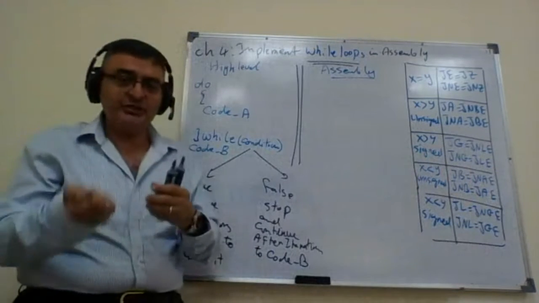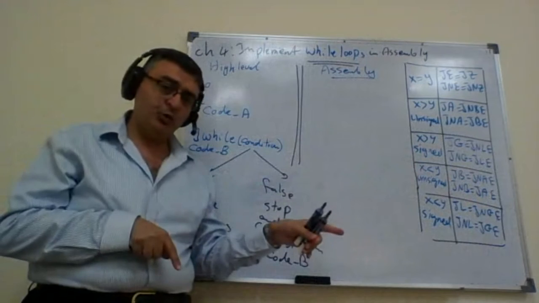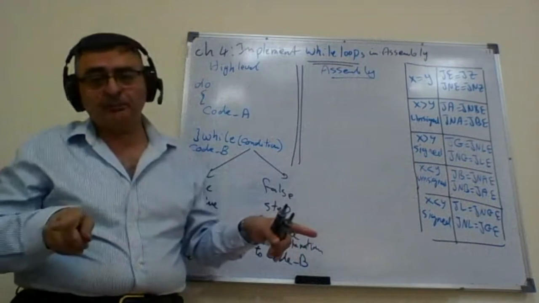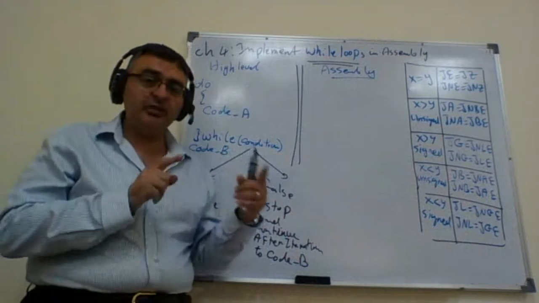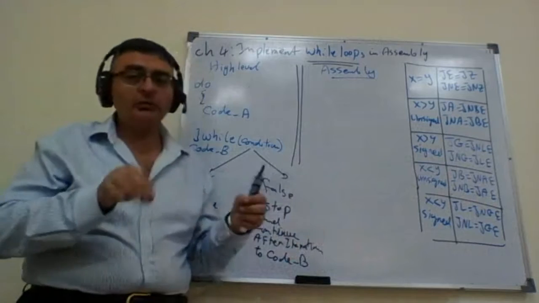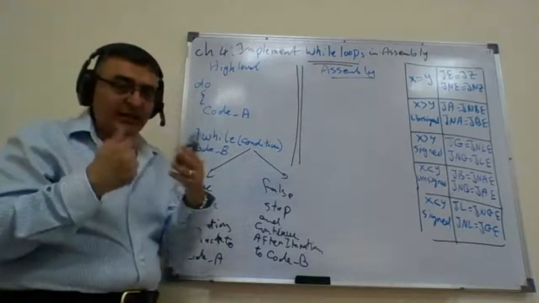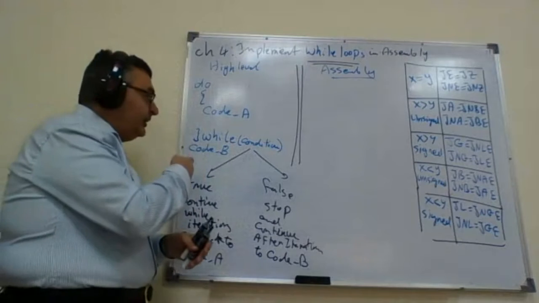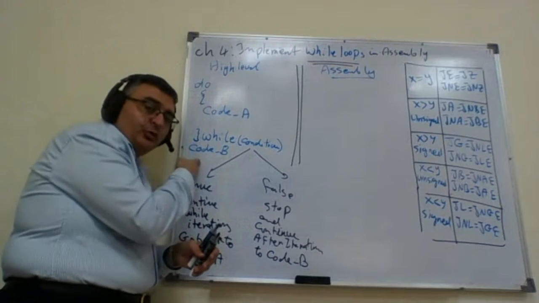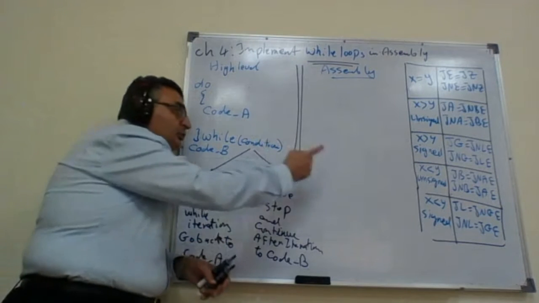If the condition is evaluated as true, that means I will jump. If the condition is evaluated as false, I will not jump. So you have to logically understand the difference between what you do in the high-level language and what you do in the assembly.